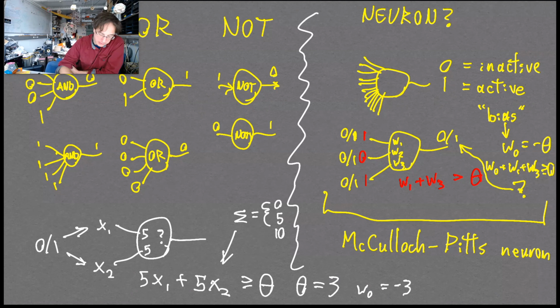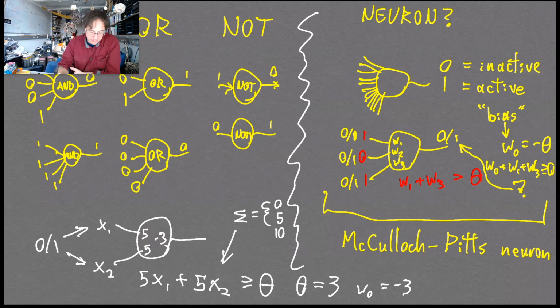And so this is an OR gate. As you can see, there are many other values we could have put in here that would also make an OR gate. This could also have been -4, this 5 could be a 6, and so on. This 5 could be a 500, it would still work.